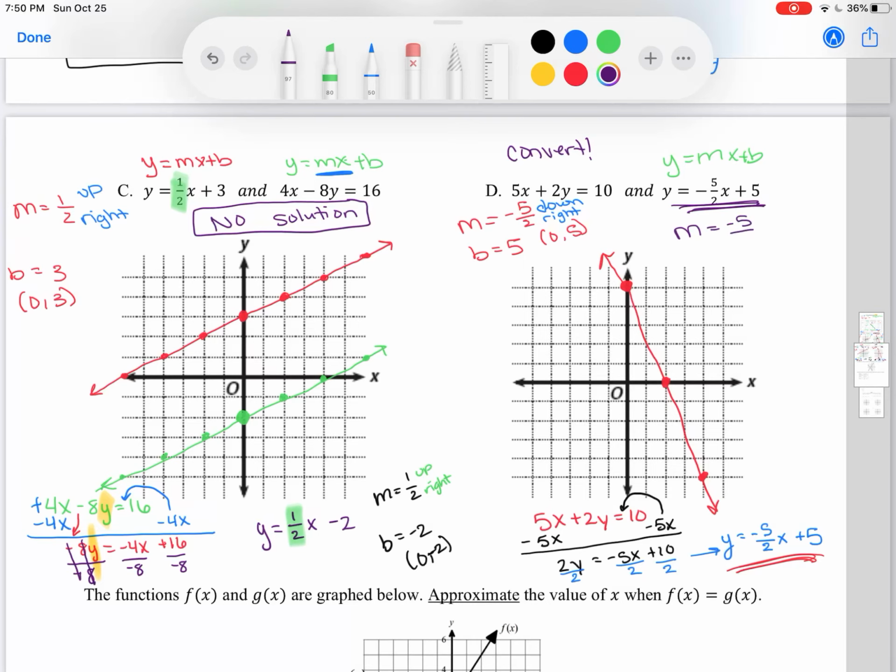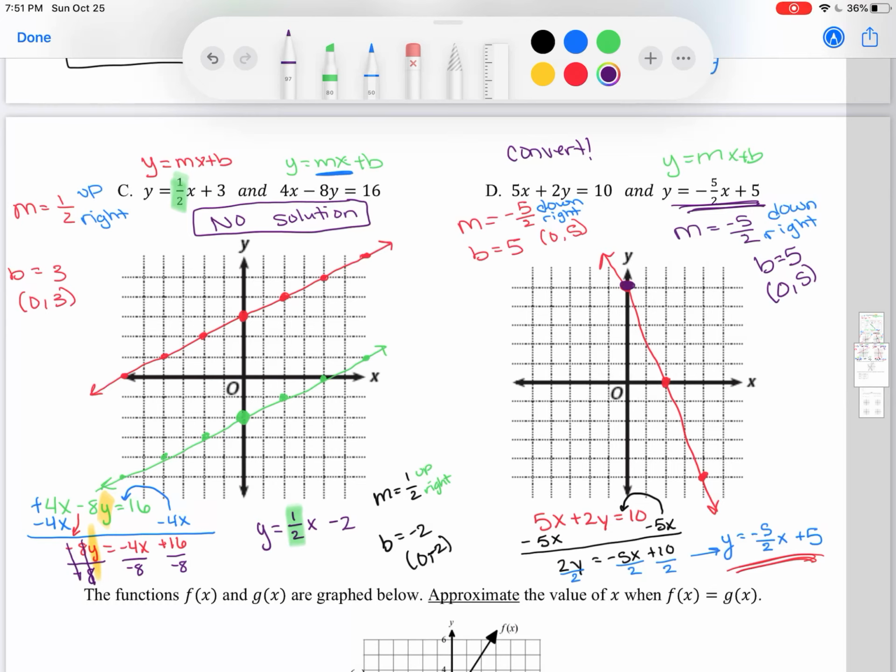Now, what do you notice between your function that you just got and this new function that we need to graph? All right. They both have the same slope, which is good. Same slope is going to identify parallel lines, but more importantly, they have the same slope and they have the same intercept.